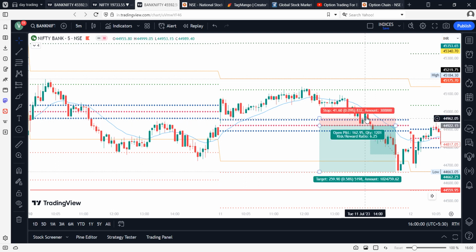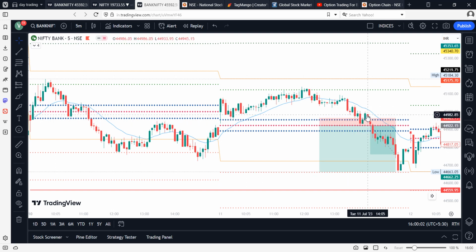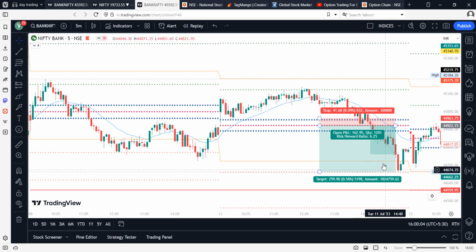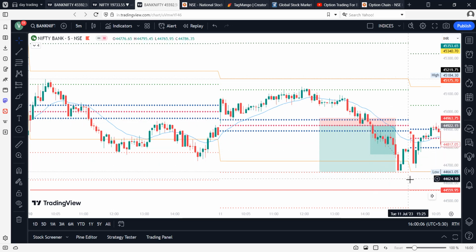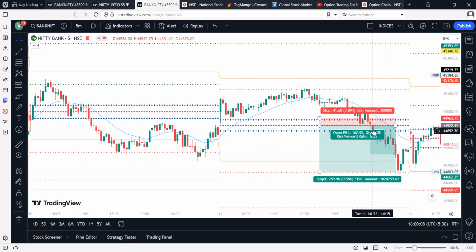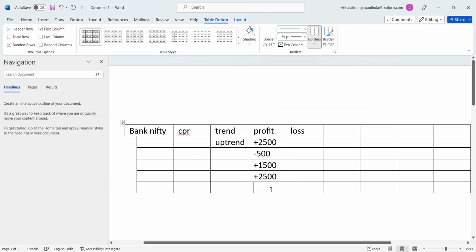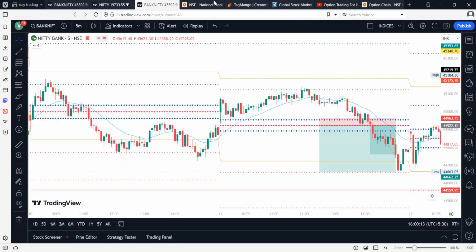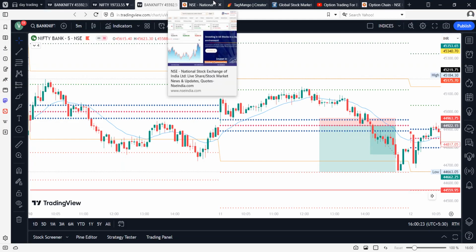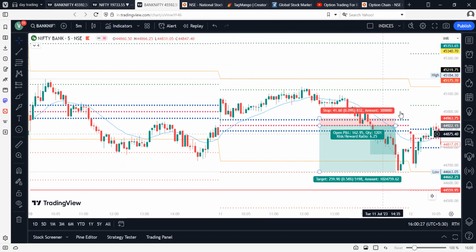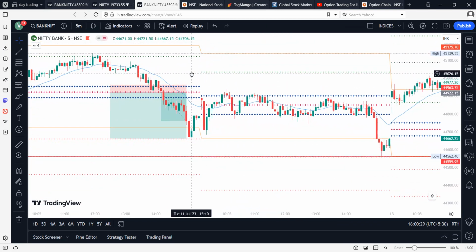It just goes till your stop loss, triggers your stop loss, and again comes in your direction. What happened? 500 lost today, minus 500. The system is showing the right signal, but we entered earlier and the stop loss triggered. We have lost 500 rupees here.